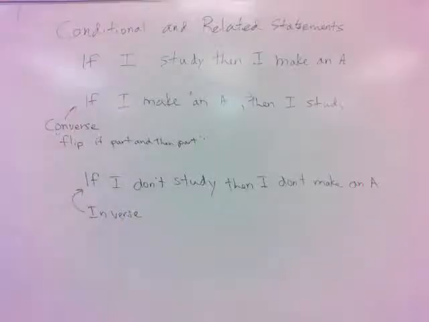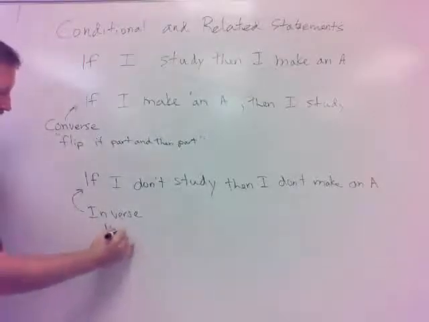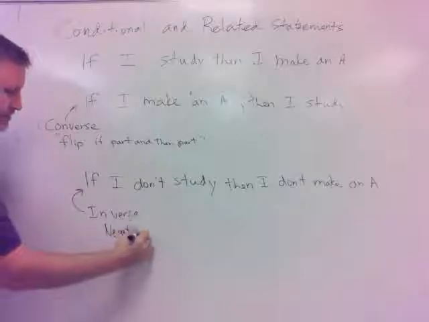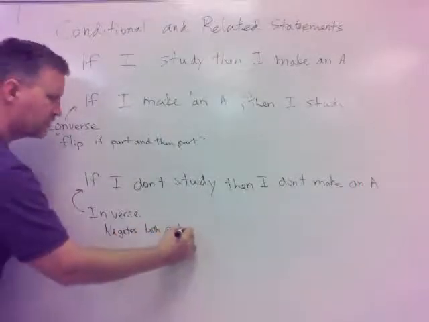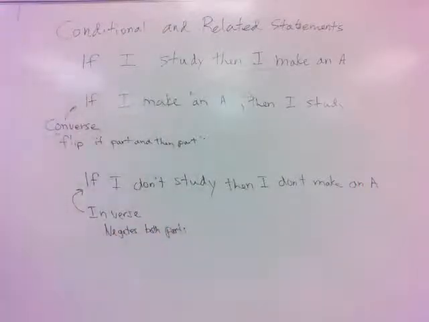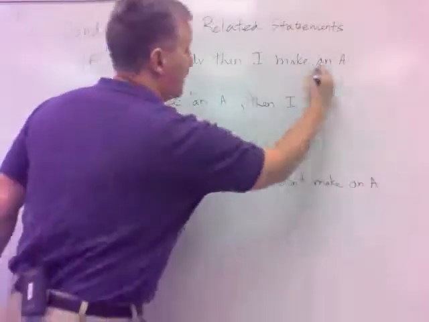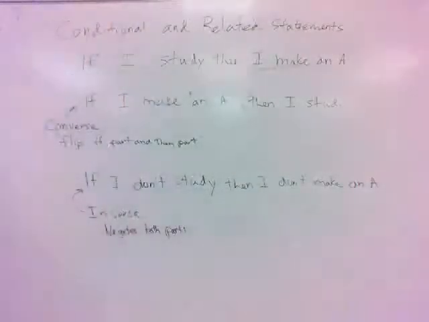So what did I do to do the inverse there? I negated both parts. The inverse negates both parts. The order stayed the same, right? But I negated both parts. I negated the I study part. I negated the make an A part. That's called the inverse.